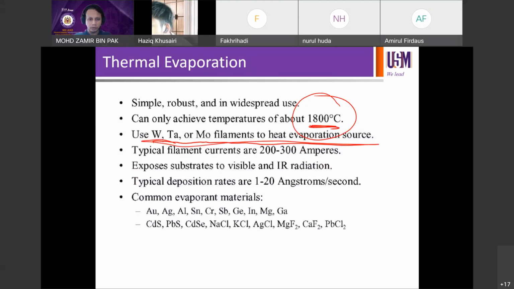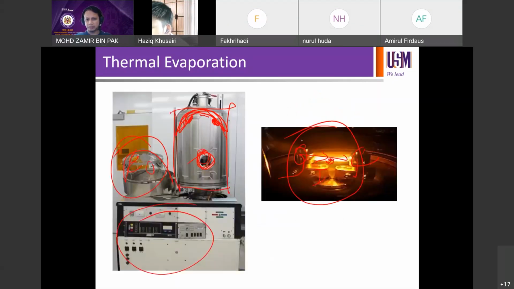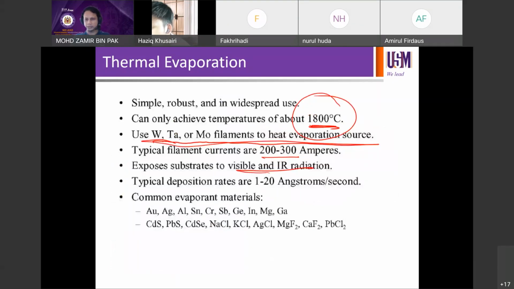Okay, filament current 200 amps ni kalau yang very high, ada IR radiation, you can see the color, right? You can see this kind of radiation as well, right? So yeah, radiation, tapi it's just minimal. Typical deposition rate, ataupun normally we call it dep rate, 1 to 20 angstrom per second. So that's like 2 nanometer per second if you like.